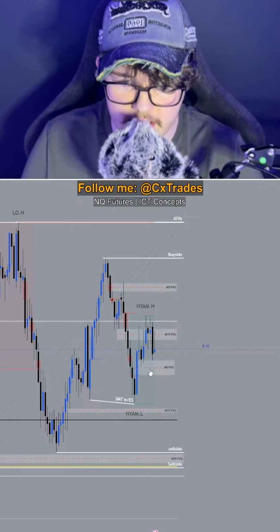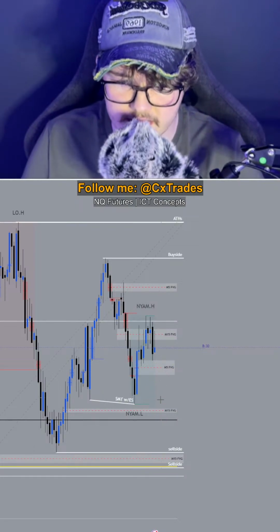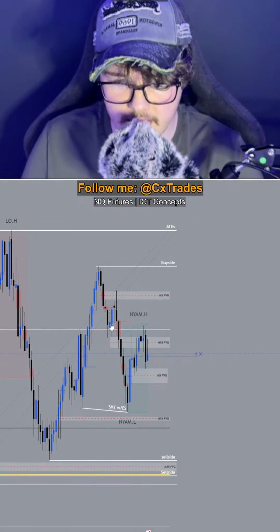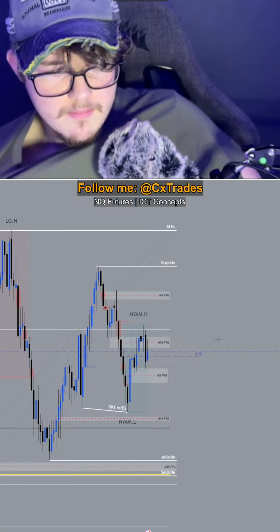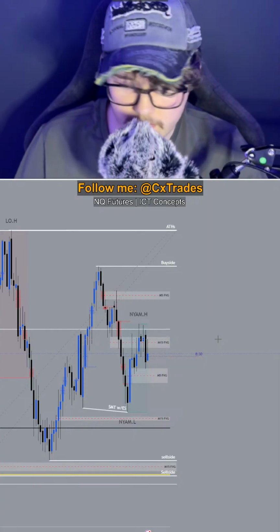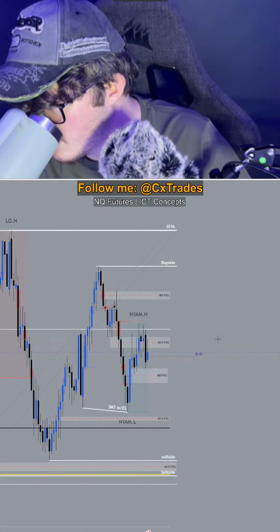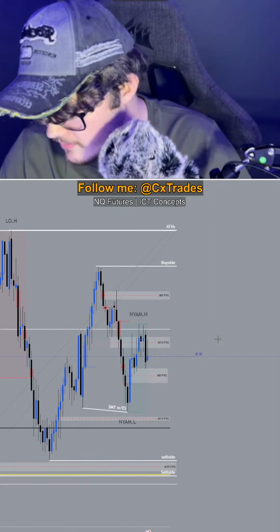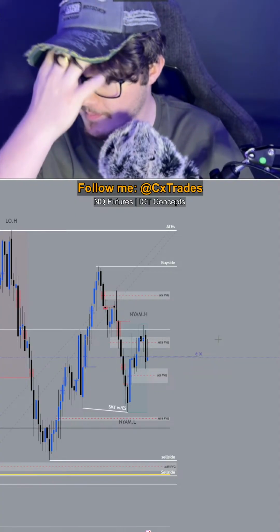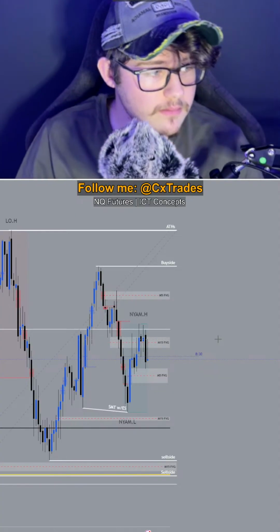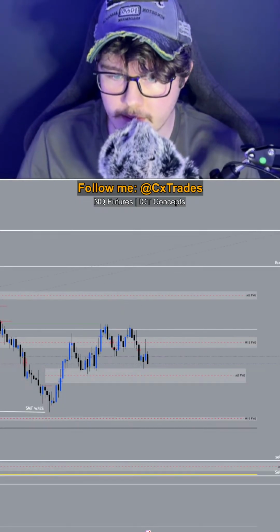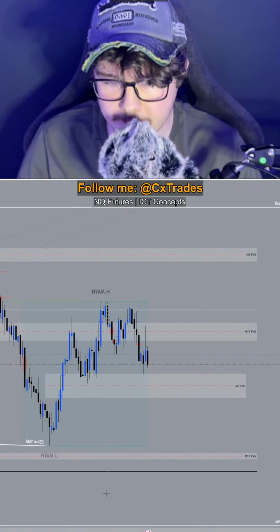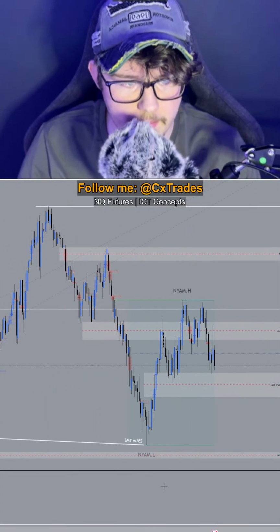So what I need to see is either this one close below to anticipate a move down, or this one here that we've been rejecting off multiple times close above to anticipate all-time highs getting ran again. Just drop down to the M1 here.